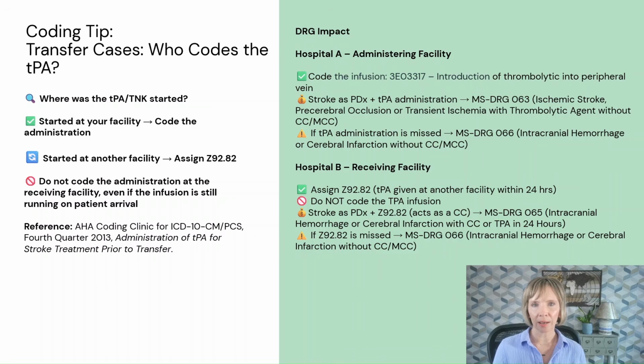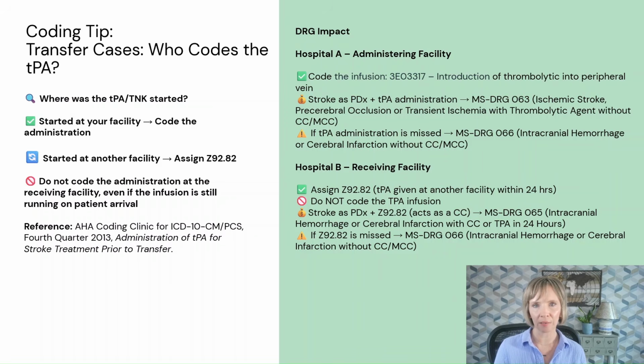If the thrombolytic was initiated at your facility, report the ICD-10-PCS code for the administration. However, if the medication was started at another facility before transfer, the receiving hospital does not code the thrombolytic administration.